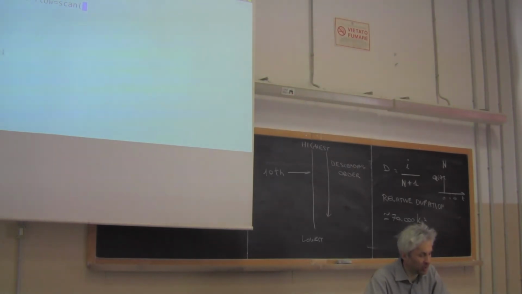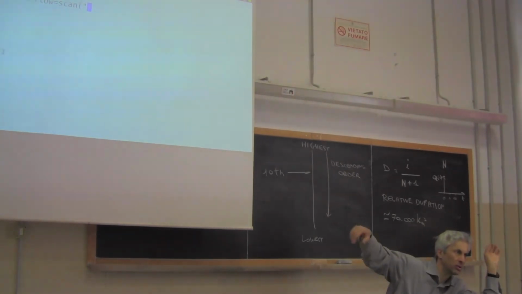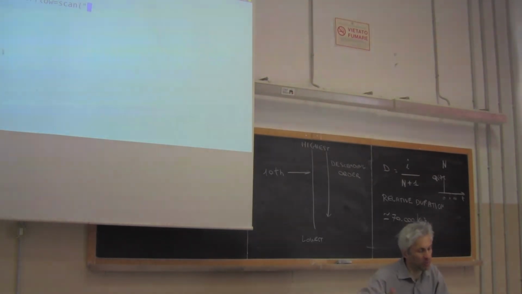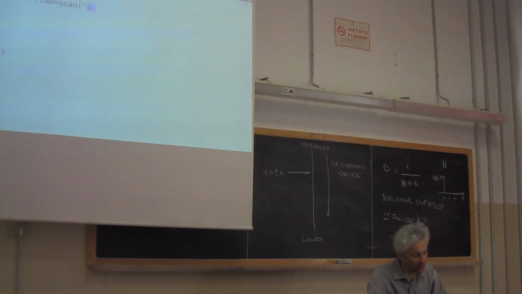In this case, I want to scan a file. I need to give the file name between, I don't know how to say in English, the double apostrophe. Quotation? Quotation, yeah, sorry. So I open the quotation. And I remember that the file name is Po Ponte Largo Scuro, whatever.